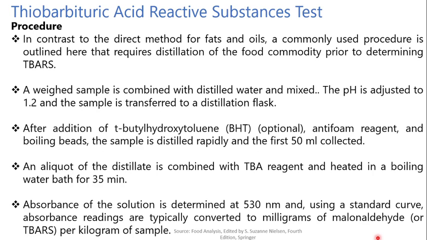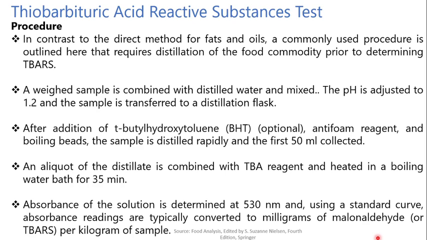So we will see the procedure. So in contrast to the direct method for the fats and oils, a commonly used procedure is outlined here that will require the distillation of food samples prior to determining the thiobarbituric acid reactive substance test. So for that purpose, we will weigh the sample.